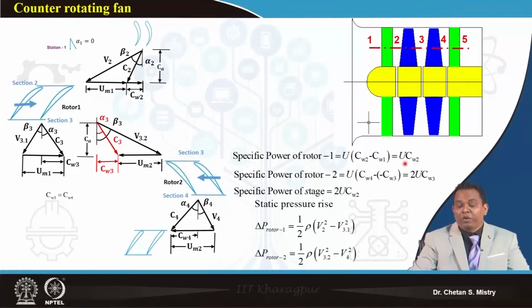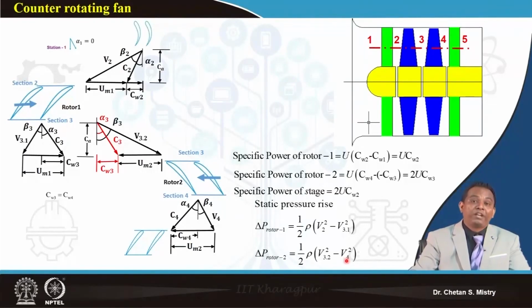You can see the specific power for rotor 2 becomes larger. The static pressure rise for both rotors is given in terms of the relative velocity components: for rotor 1 it is V2 and V3.1, and for rotor 2 it is V3.2 and V4.